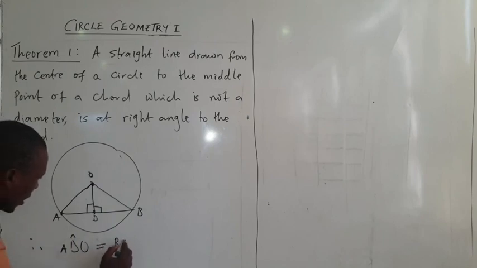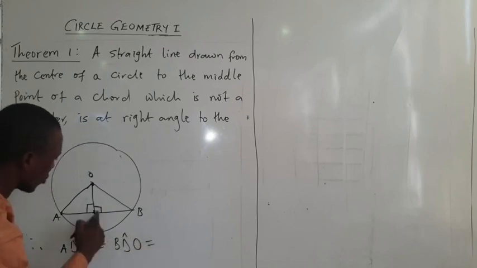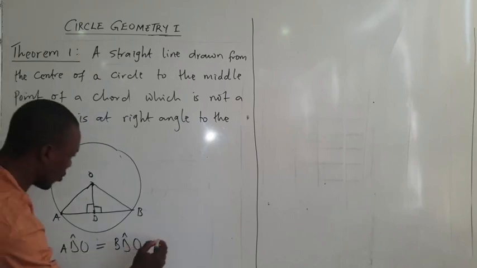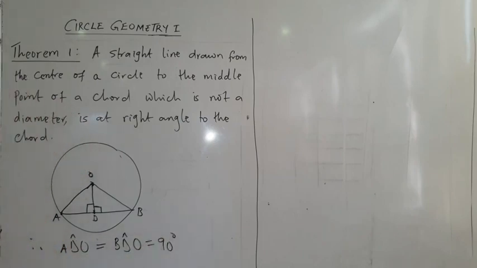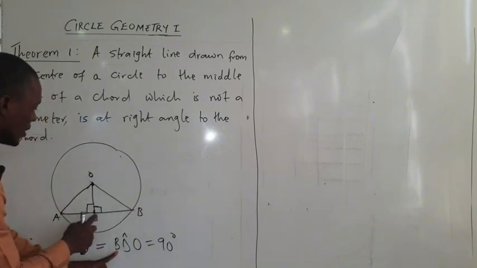Angle BDO is equal to what? Right angle. Right angle is angle 90 degrees. So invariably, angle ADO equals angle BDO.